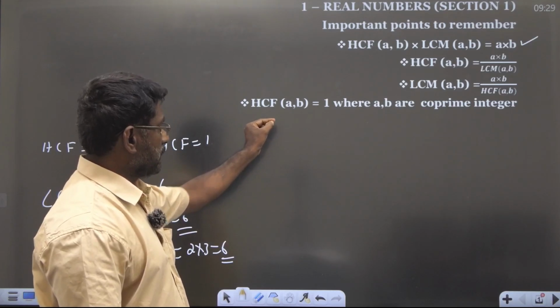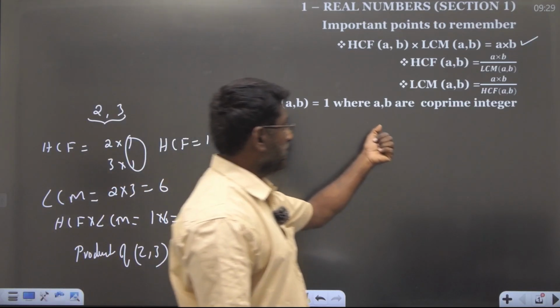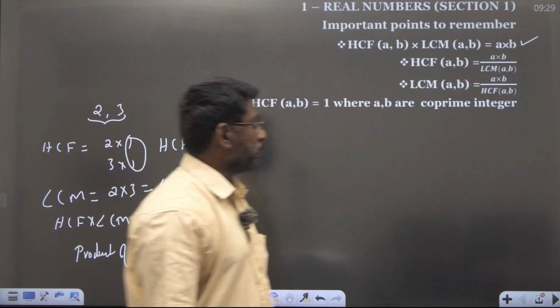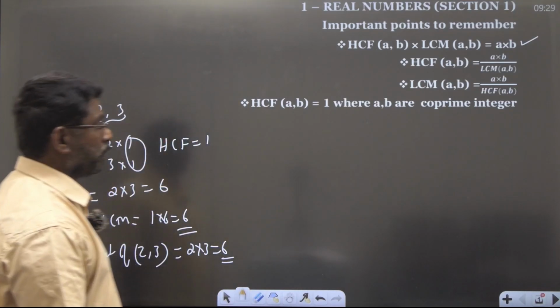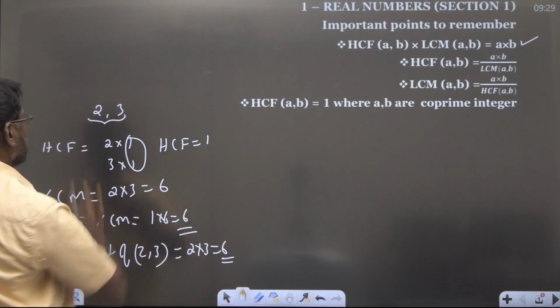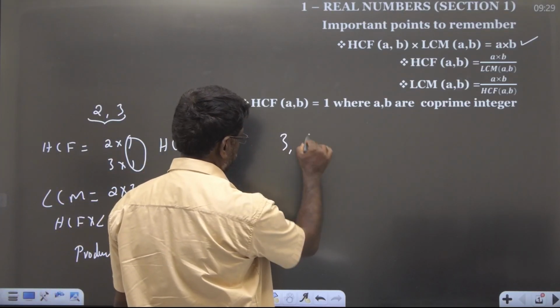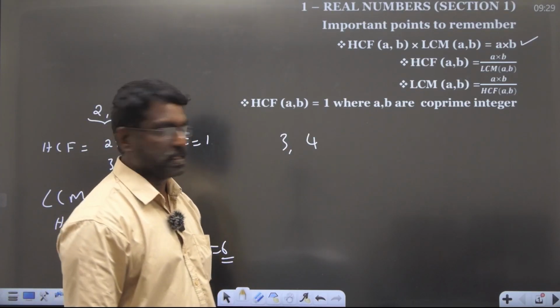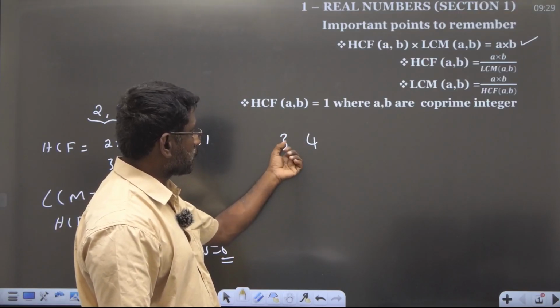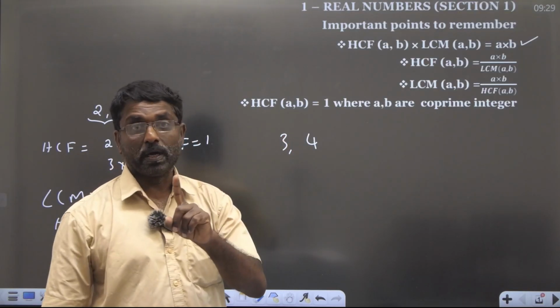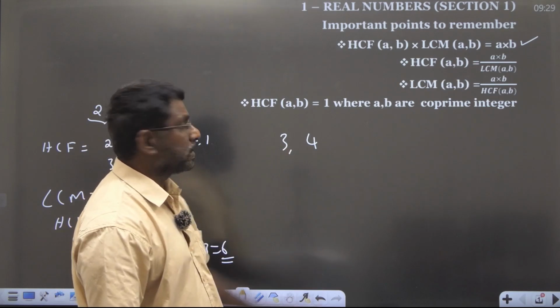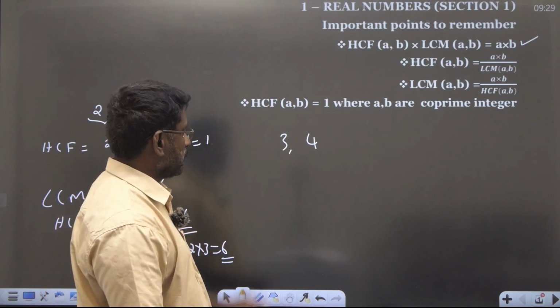HCF of AB is equal to 1 where A and B are co-prime integers. Co-prime integers means here 2 and 3 are co-prime integers, and 3, 4 is also a co-prime pair. That means the highest common factor of 3 and 4 is 1. Such numbers are called co-prime numbers.